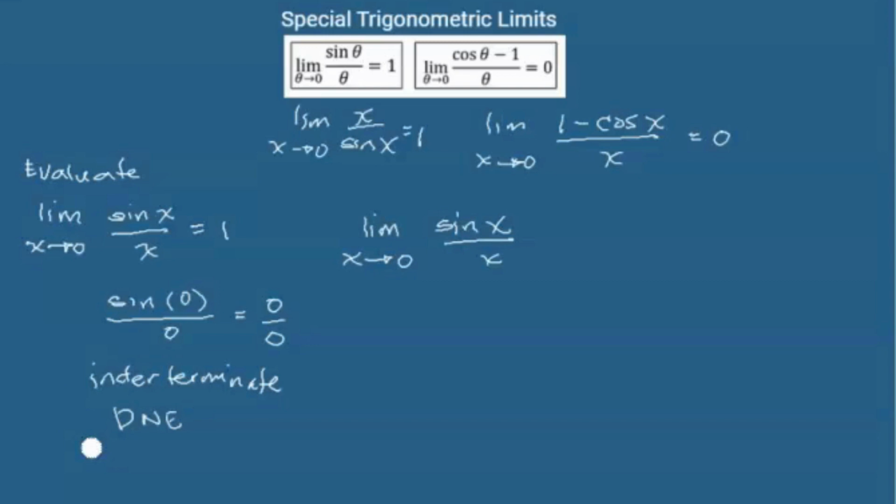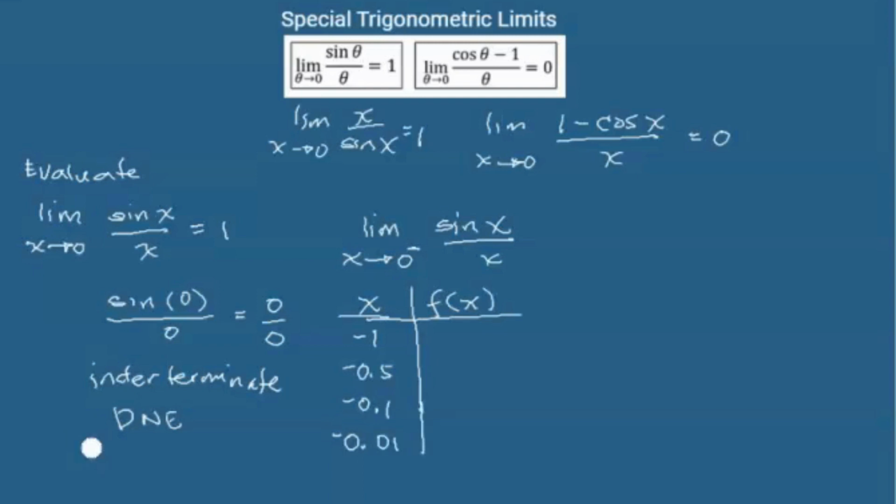So let's start with the limit of sine x over x as x approaches 0 from the left side. What we can do is construct a table. Let's say, from the left of 0, we have negative 1, negative 0.5, negative 0.1, negative 0.01.